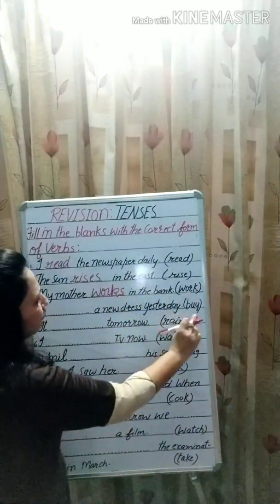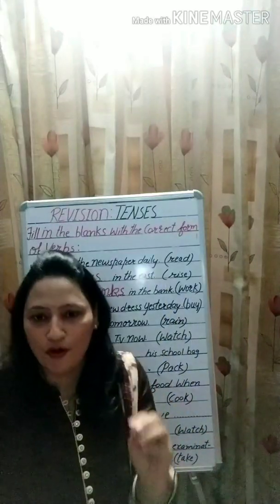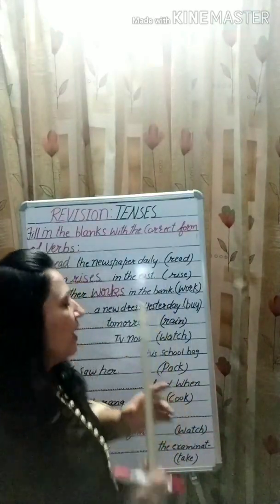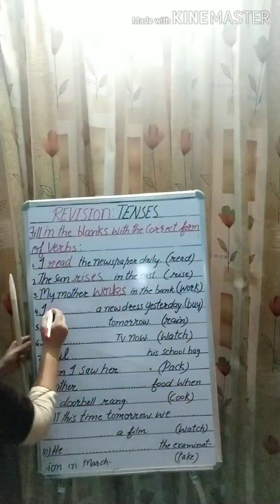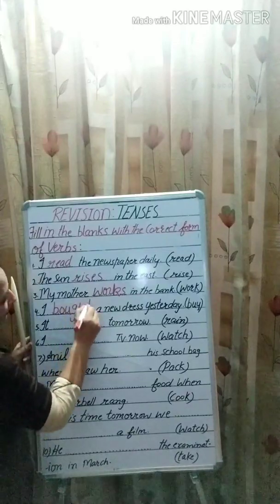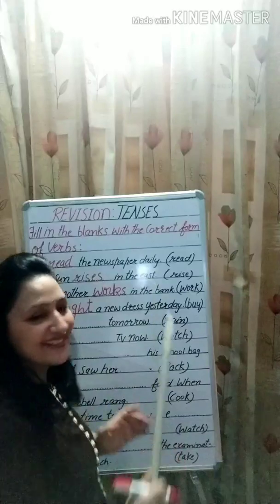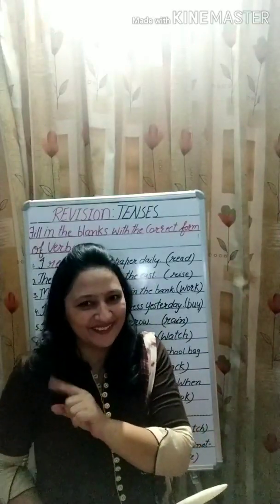The first form is buy, and the second form of buy is bought. Now listen to the spelling: B-O-U-G-H-T. Now let us read this sentence again. I bought a new dress yesterday. I hope it is clear to you.